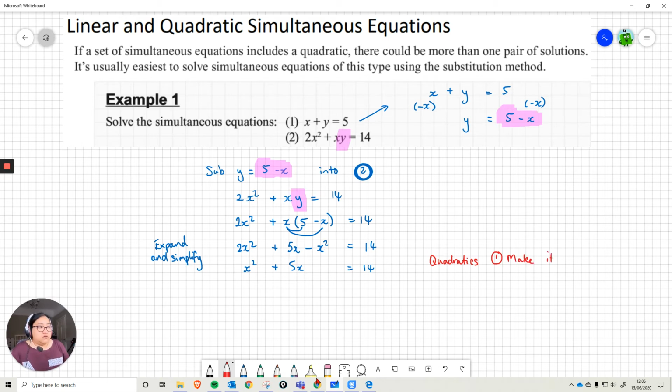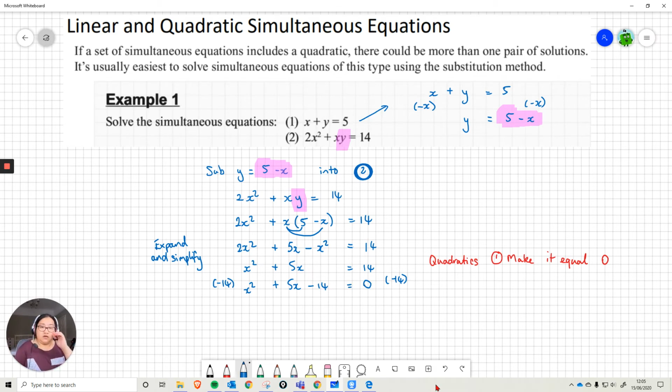That's what I'm going to do here. I'm going to subtract 14 from both sides. I've now got x squared plus 5x minus 14 equals 0.